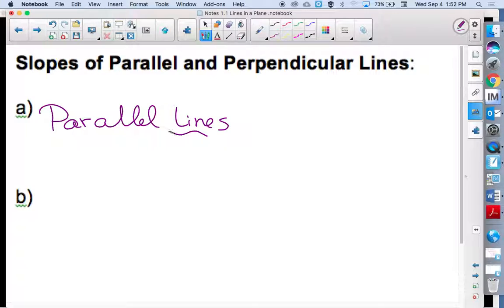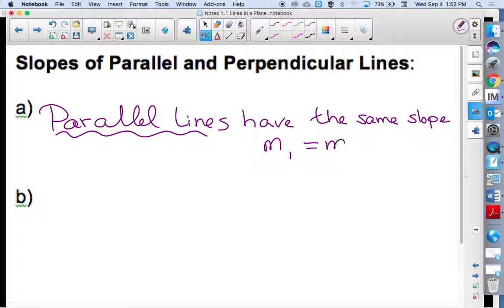So parallel lines have the same slope. They're equal to each other, so the slope of line 1 must equal the slope of line 2. That's what makes them parallel. They're rising or falling at the same rate, so they'll never cross. They're parallel.